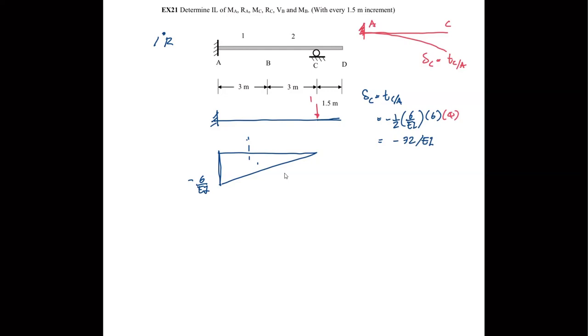Next is delta C when the load is at location number 2. So delta 2 is going to be T2A. It's kind of strange to call it like that. But you know what? My handwriting is going bad again. Let me do it again.